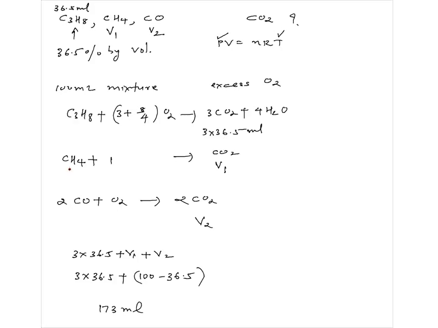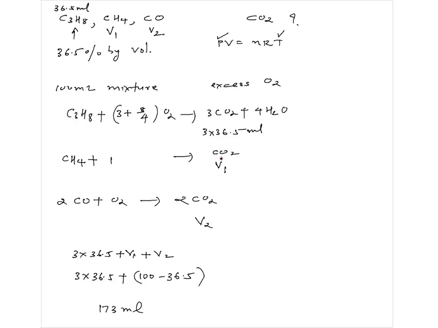For methane, x plus y by 4. Anyway, we don't care about how much oxygen is required. Oxygen is in abundance. So why really care about how many moles are required in this problem? Sometimes we do have to care, by the way. Those problems will come.